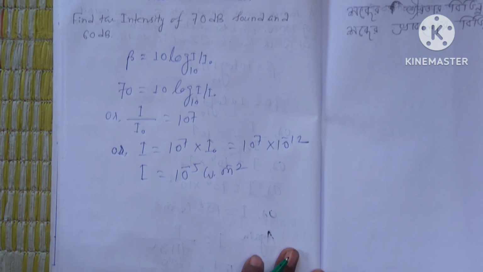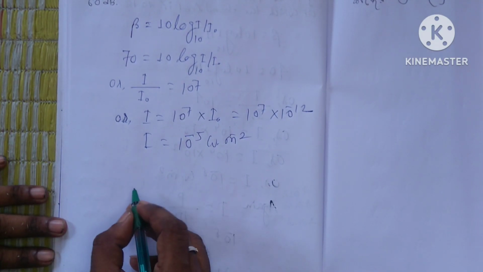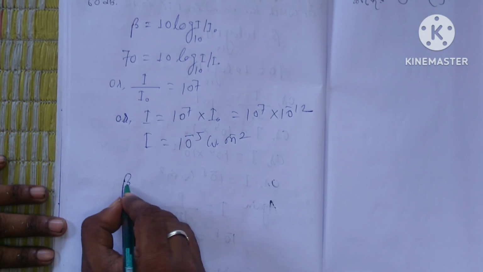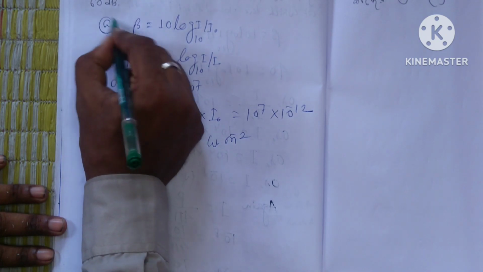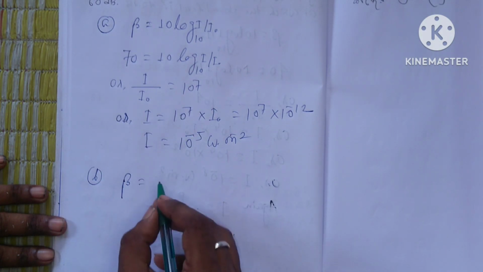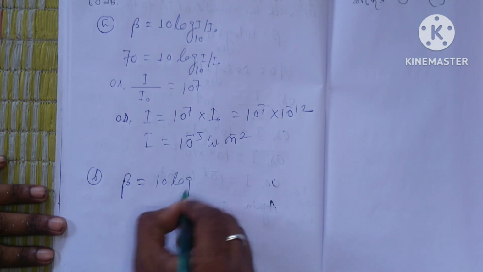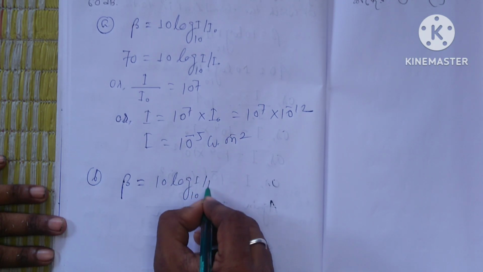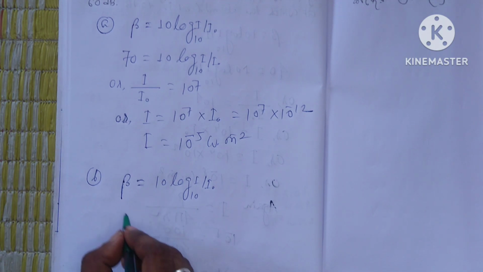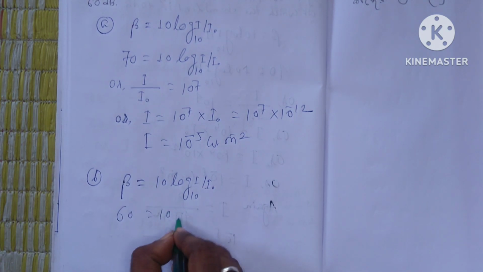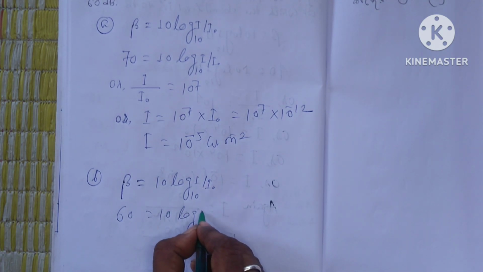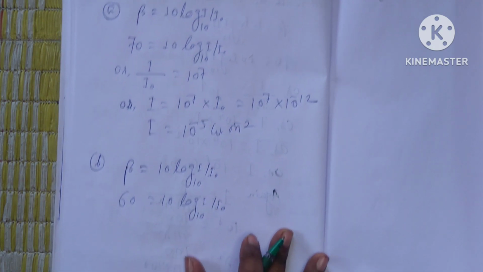Again, in case of 60, putting the beta, this is first case A, this is first case, second case B. Beta equal to 10 log 10 base I by I0. So this is 60, 10 log 10 base I by I0.